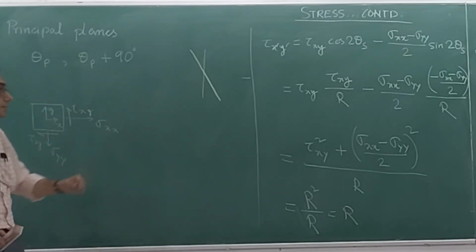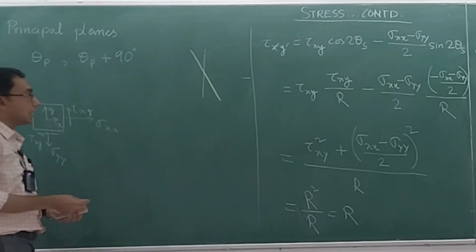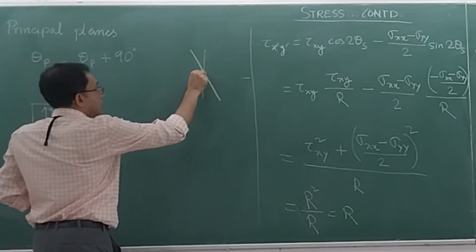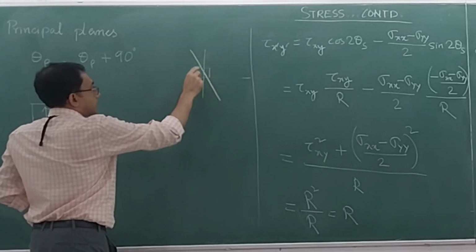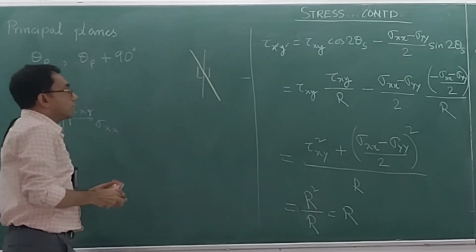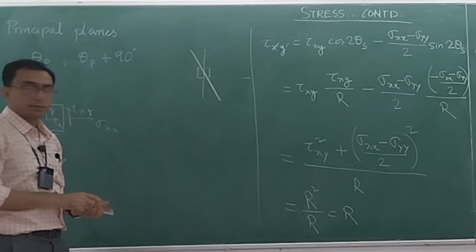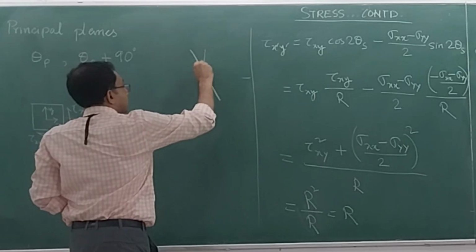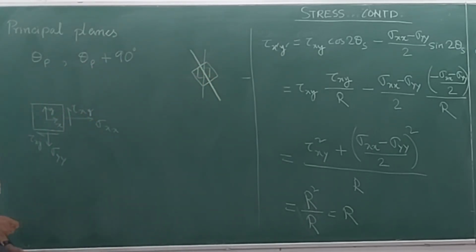We all understand this. It is that diagram only which I am trying to redraw here, except now around this point I have drawn this little stress element. So around that yellow colored point, yellow colored plane also I can draw a stress element. Just that.